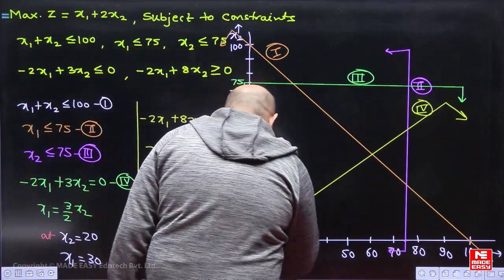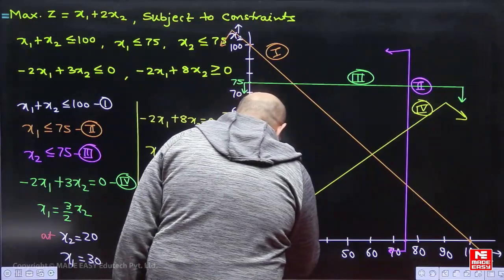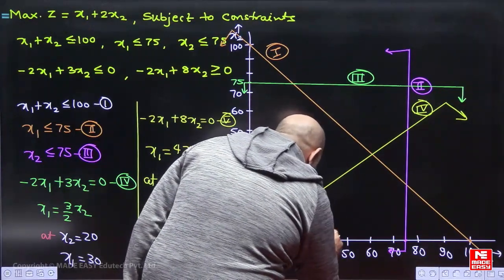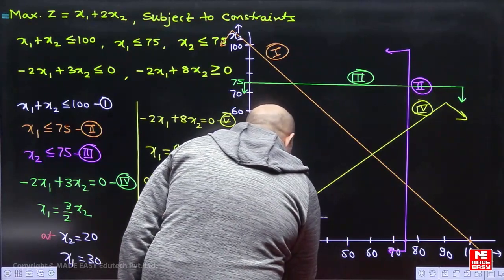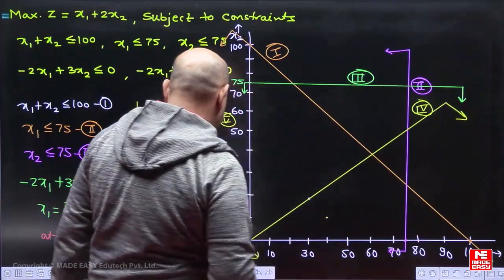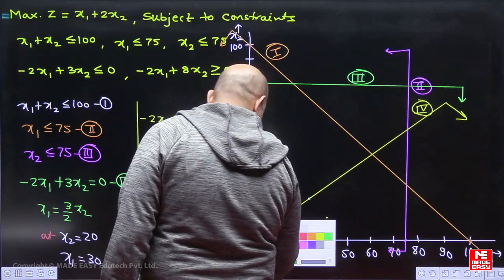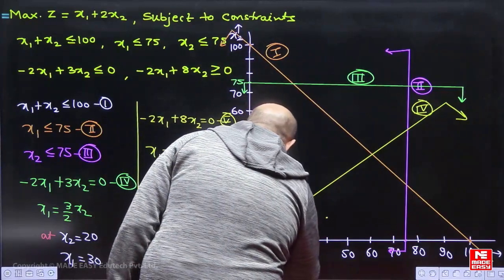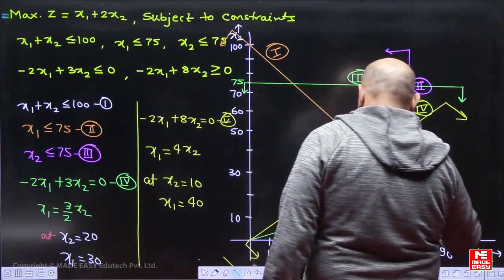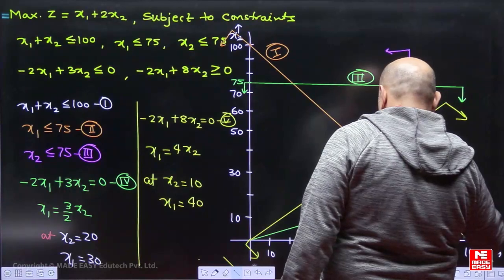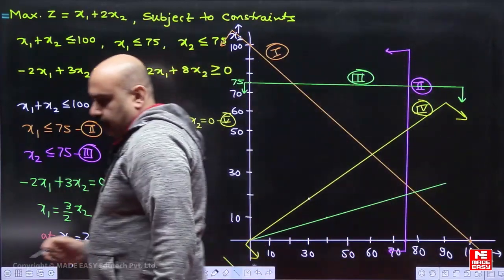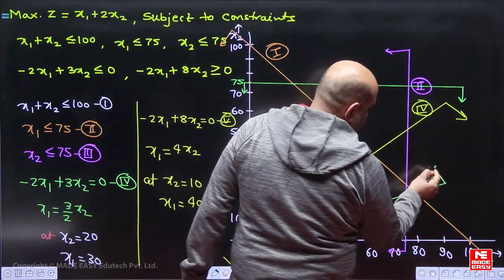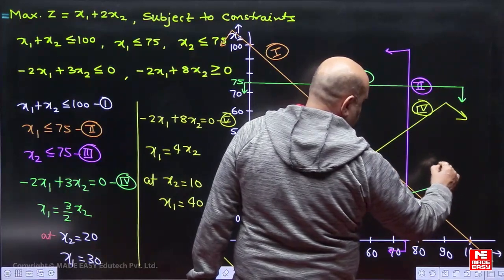So see, ये वाला पॉइंट आएगा. इस तरह का पॉइंट आएगा. अब इस बार जो है that is greater than or equal to, तो ये इस तरह बाहर की तरफ.